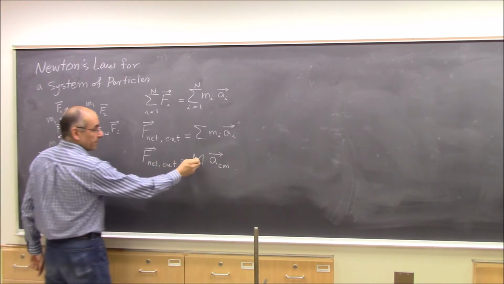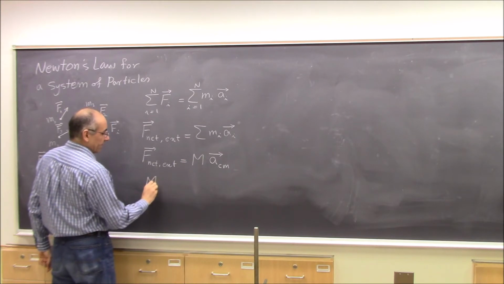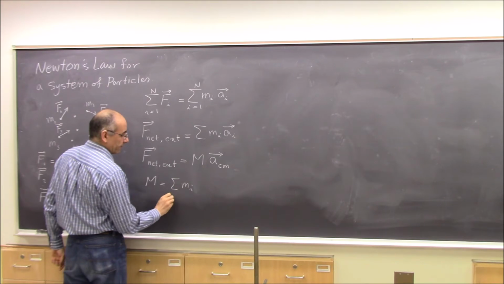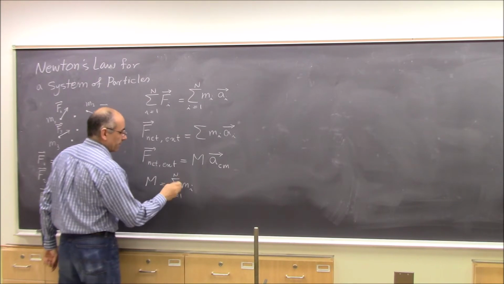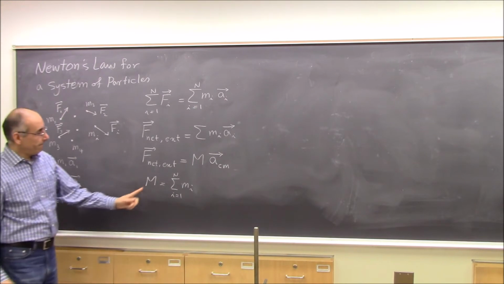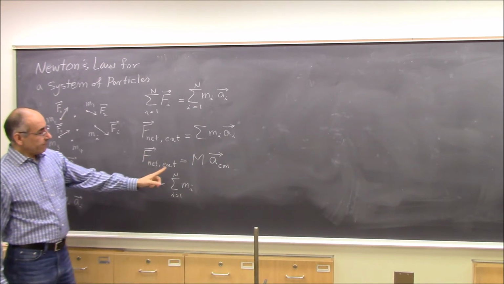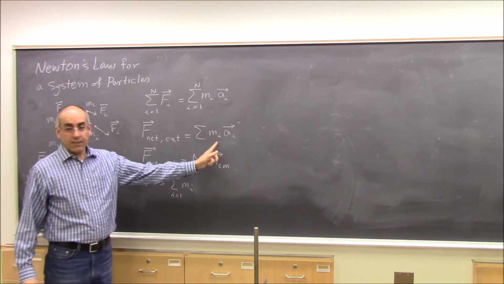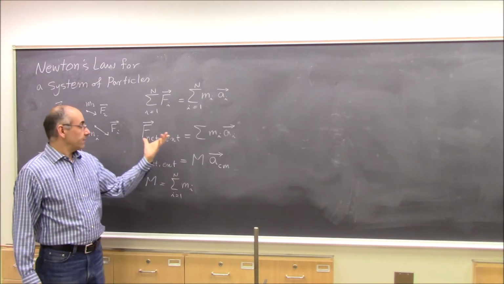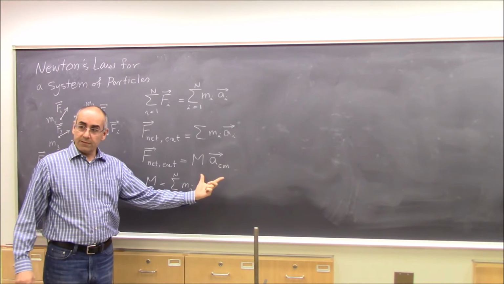And M is the total mass of the system. So M is equal to the sum of Mi, i from 1 to n. It means all masses together as the total mass, capital M. Now, if this side is the same, so this side should be the same.